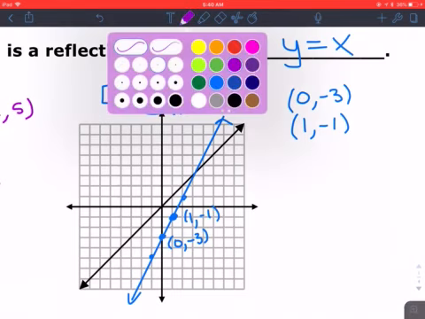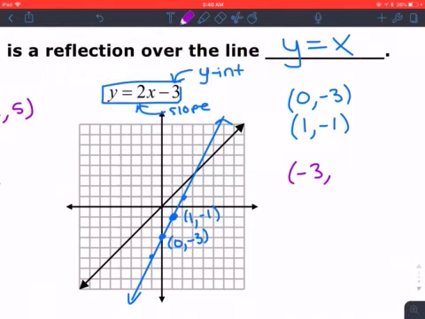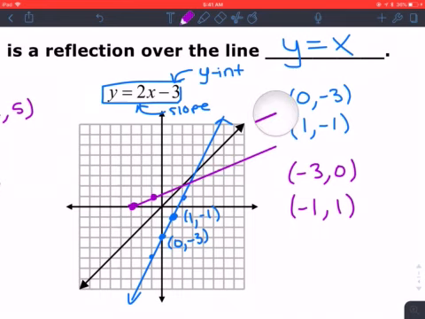And then we're going to graph the inverse. So we'll have a point at negative 3, 0, and a point at negative 1, 1. And we can draw our line.